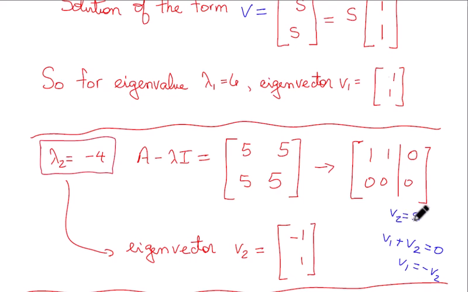V2 is S. That says V1 plus V2 is 0, or V1 is minus V2. But V2 is S, and so what I end up with is S multiplied by minus 1 and 1. That's what this is telling me. And so the eigenvector is minus 1 and 1.